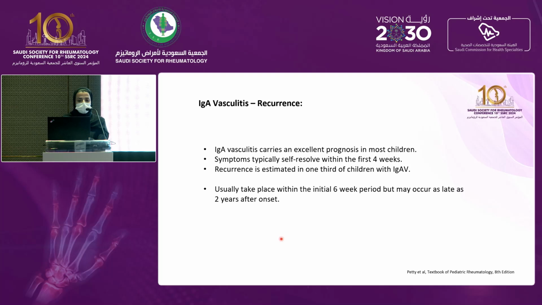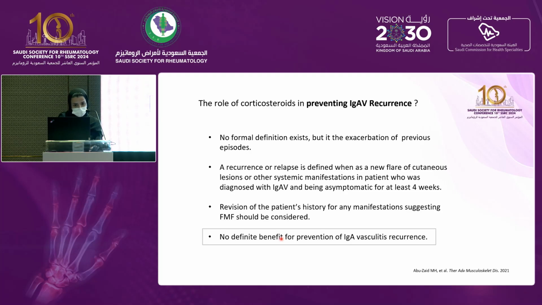Regarding the IgA vasculitis recurrence, as we know, IgA vasculitis carries an excellent prognosis in most children, and symptoms are expected to resolve within the first 4 to 6 weeks. Recurrence is estimated in 1/3 of the patients, and usually it takes place in the initial 6-week period and may occur as late as 2 years after the onset.